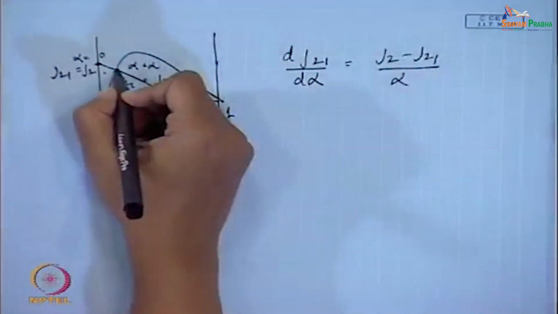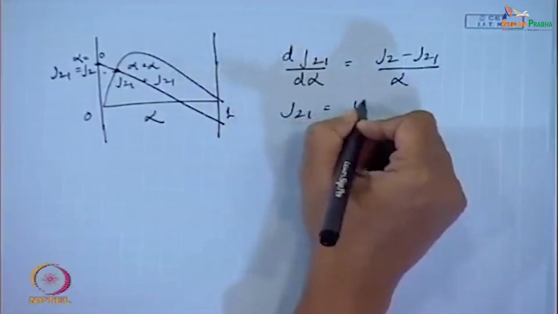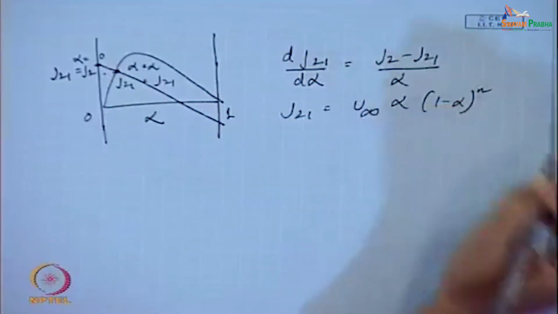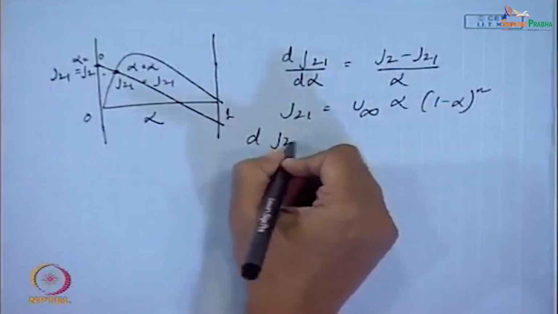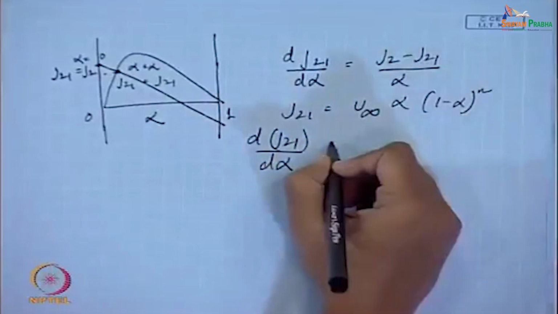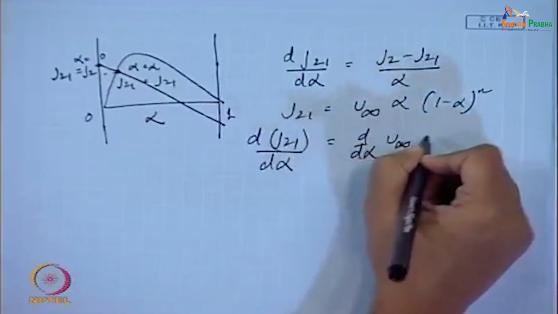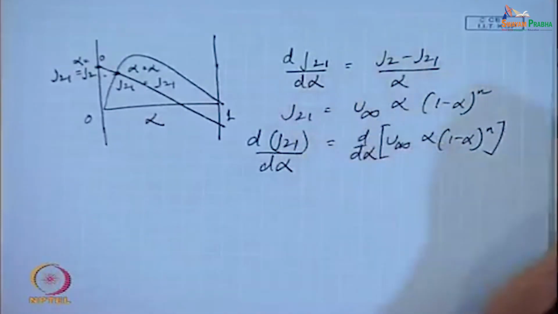Okay. Now, at the point of intersection, what do we know? We know at the point of intersection J21 equals u infinity alpha into (1 minus alpha) to the power n. So, at this particular point, if I differentiate J21 with respect to alpha in terms of this, I get d by d alpha of u infinity alpha into (1 minus alpha) to the power n.